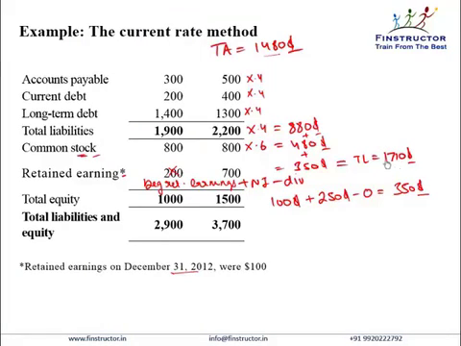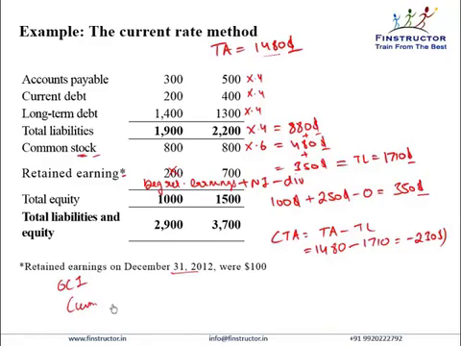So we can see that there is some translation adjustment that needs to happen, because the total assets are $1,480, whereas the total liabilities and equity sum up to $1,710. So the cumulative translation adjustment would be the total assets minus the total liabilities, that is 1480 minus 1710, which is equal to minus $230. In other words, in the translated balance sheet, there will be an other comprehensive income entry called cumulative translation adjustment.